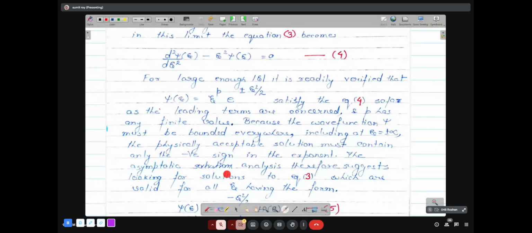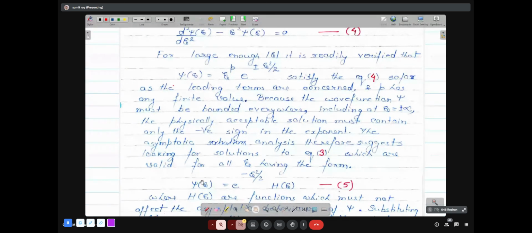The asymptotic analysis therefore suggests that the solution of equation 3, which is valid for all values of zeta, must have the form psi of zeta is exponential minus zeta square by 2, times some term h of zeta. That means h is some variable term depending upon zeta.